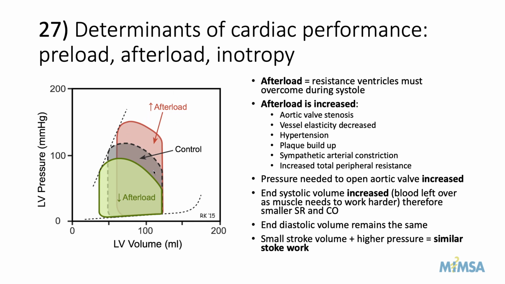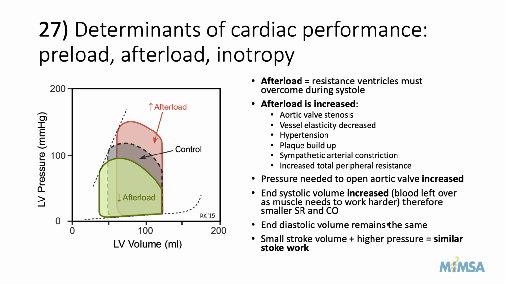This also shows that the graph has basically shifted up and to the right. However, the actual amount of stroke work that the heart has to do has not changed. This is quite an important point, because even though the heart has to work harder to overcome the pressure, it's moving less blood out of the heart. So the overall stroke work is similar.